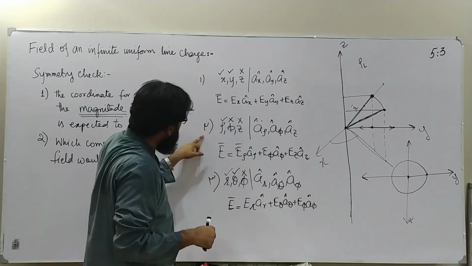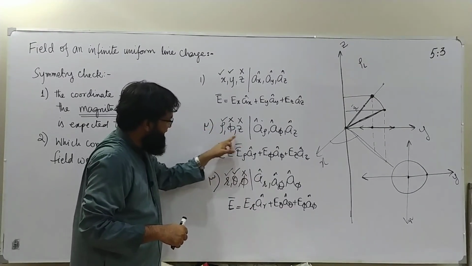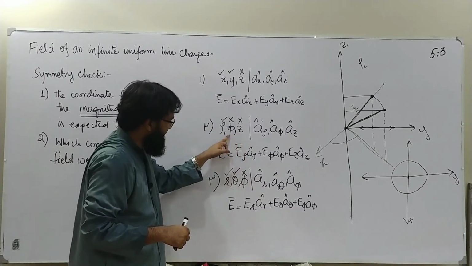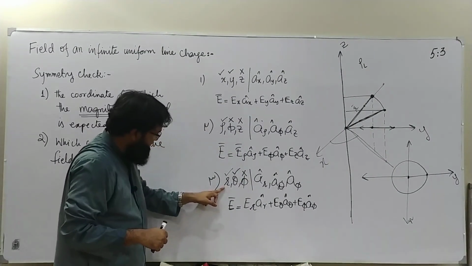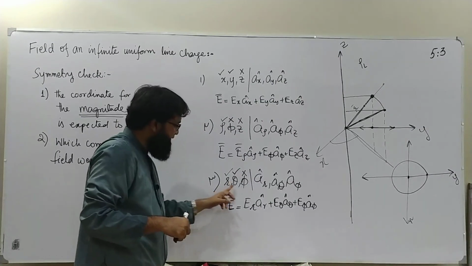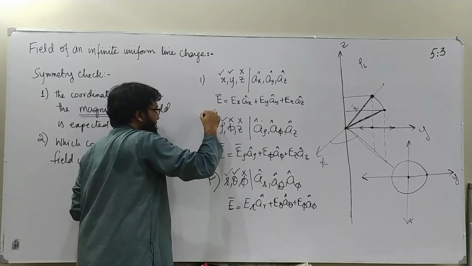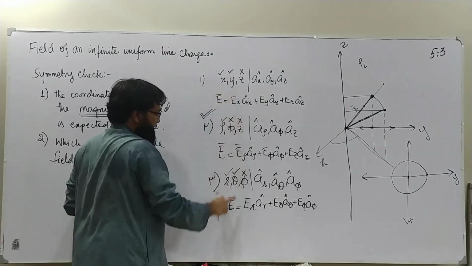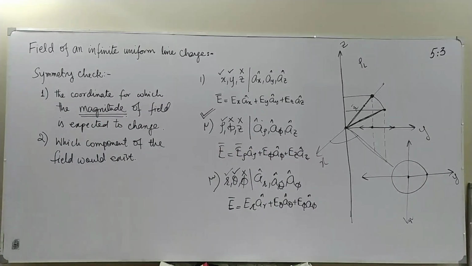If I use the cylindrical coordinate system, I will have one variable, because the field will not change with respect to phi and z. If I use the spherical coordinate system, the formula for electric field intensity will have two variables. So why make our life difficult by getting a formula which has two variables? Why not use a coordinate system which will give us the expression for electric field intensity such that we get only one variable?